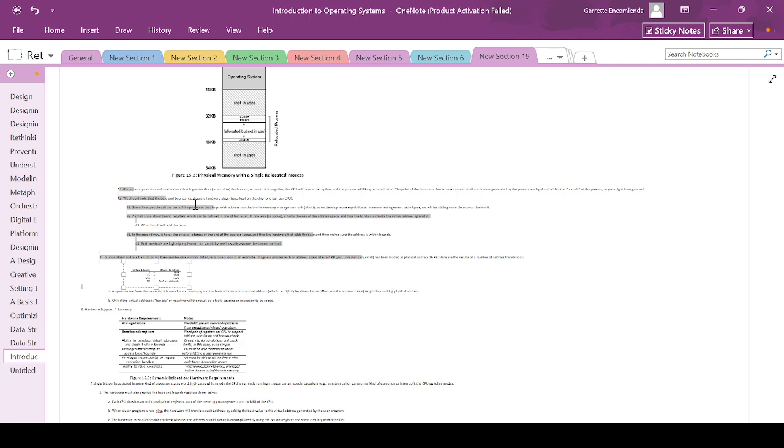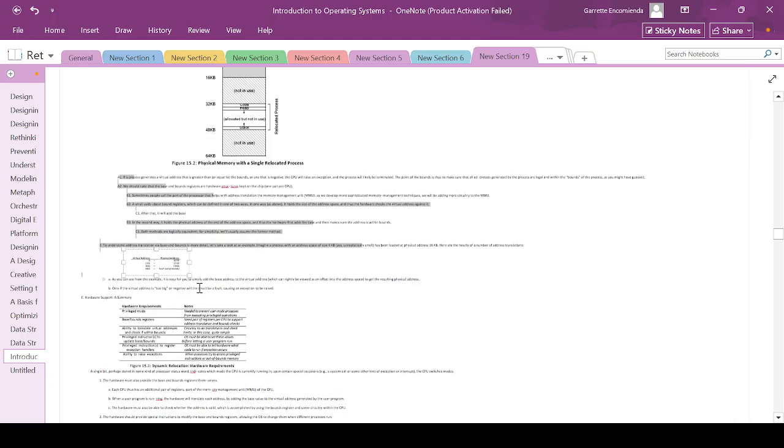Or one that is negative, because we don't have negative numbers in memory. The CPU will raise an exception and the process will likely be terminated. The point of the bounds is thus to make sure that all addresses generated by the process are legal within the bounds of the process, as you might have guessed.